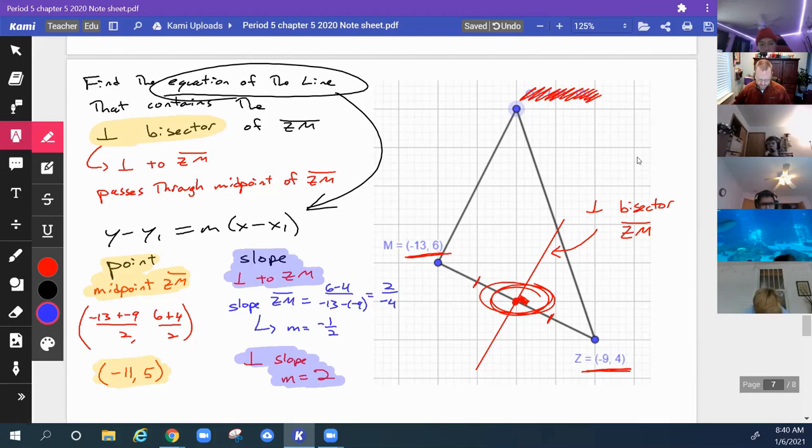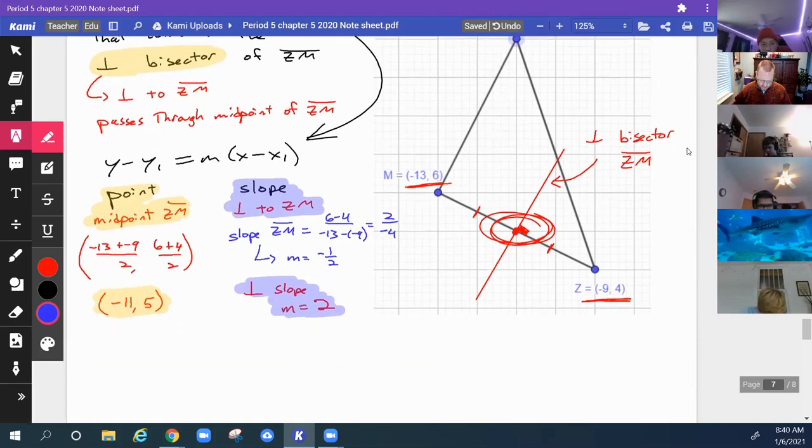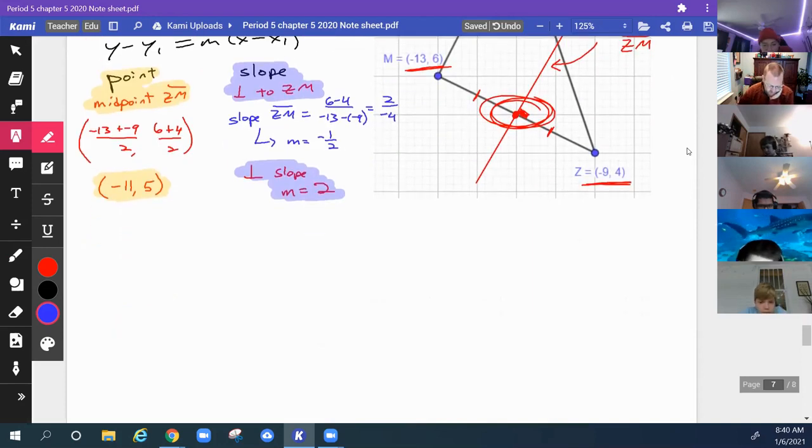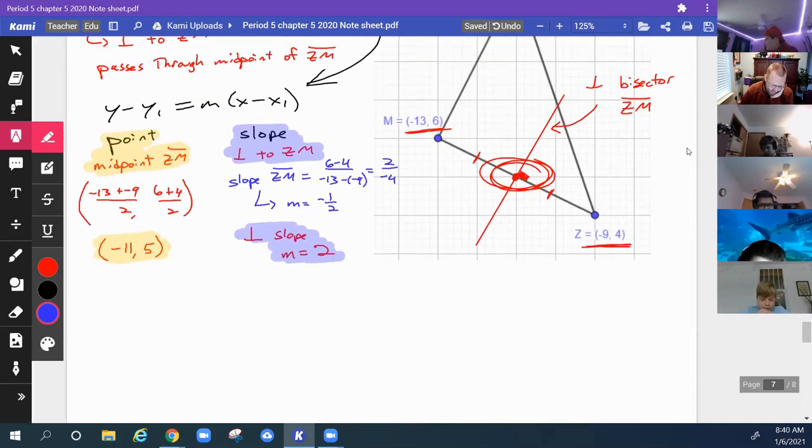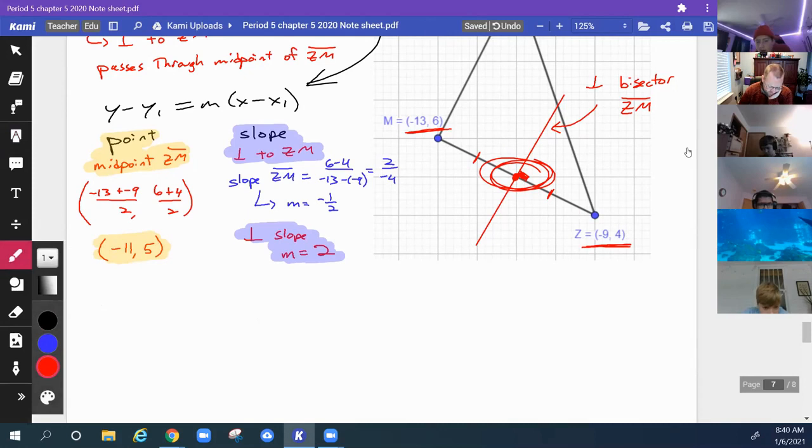Sorry for going a little fast, but there are a few different ways to write out this answer. Remember, I have everything I need. If I plug it in, it's going to be y minus 5 equals 2 times x minus negative 11.